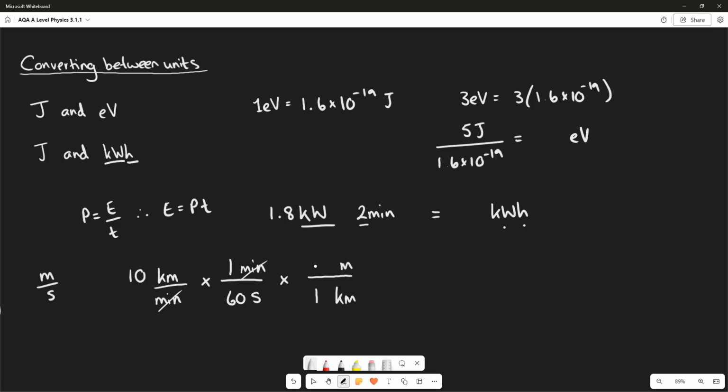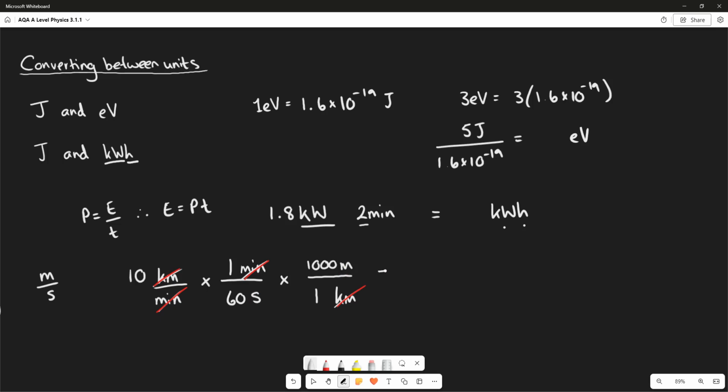So 1 kilometer is equal to 1,000 meters. If I did this, then the kilometers would cancel and I'd end up with meters and the seconds. So those two cancel, leaving my only units as being meters on the top and seconds on the bottom.